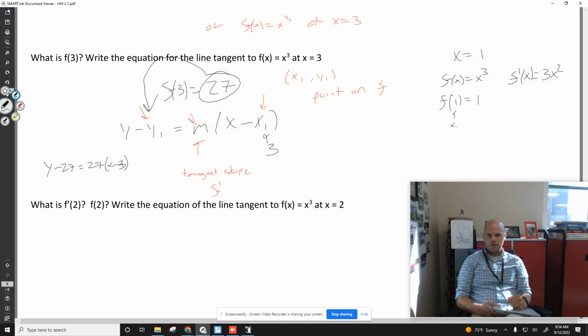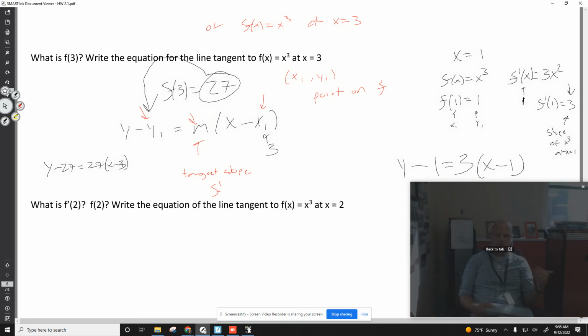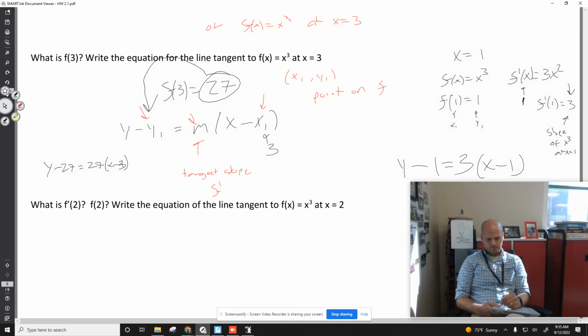This is a point on my function. I plug in 1 into 3x squared, I get 3. This is the slope of x cubed at x equals 1. So y minus the y of the point on my function equals the tangent slope times x minus the x of the point. The tangent slope comes from the equation of our tangent slopes. The y coordinates on f prime give you slopes of f.